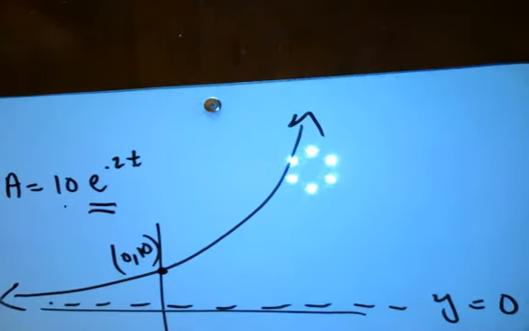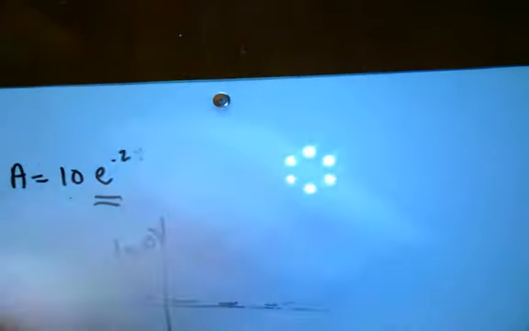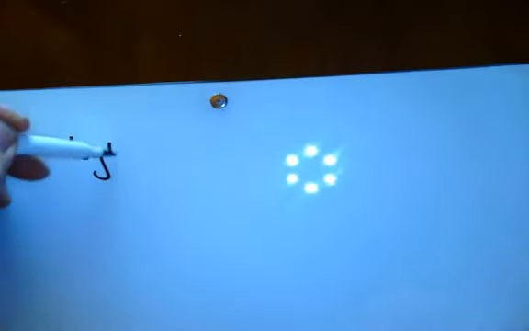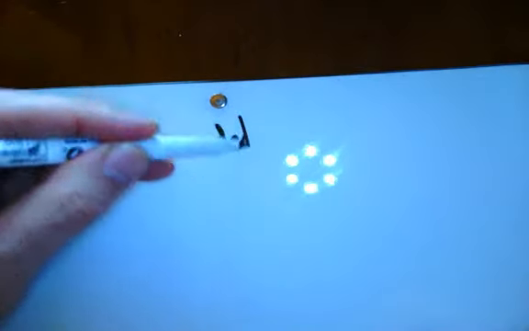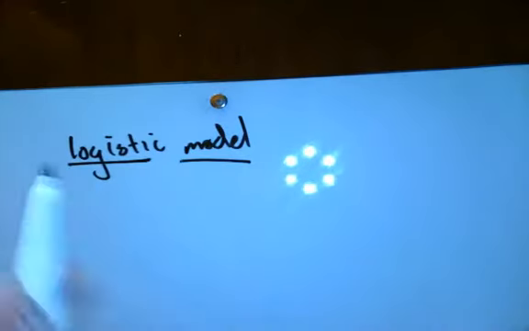Because environments have carrying capacities and populations can't grow forever, we need a new type of model. I'd like to introduce you to this new model today. It's called a logistic model. It was mentioned in section 3.3, I think it was, in one of the matching activities.